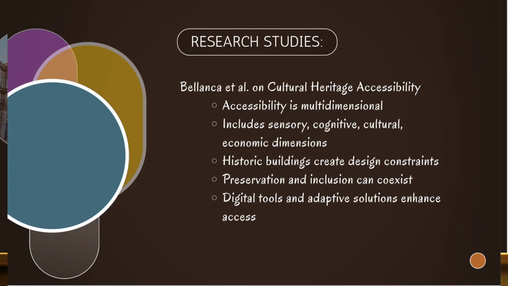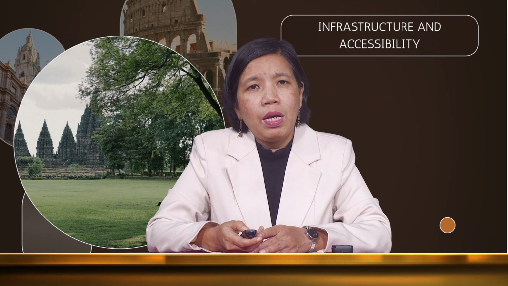However, they did emphasize that preservation and accessibility are not mutually exclusive and can be integrated. They pointed out that cultural heritage sites can be made more inclusive and accessible to diverse groups, particularly persons with disabilities, through thoughtful planning and design.